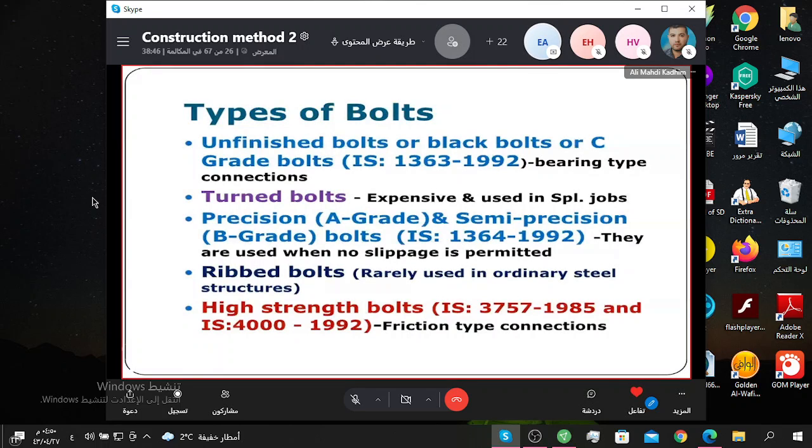They are used when no slippage is permitted. Rivet bolt, rarely used in ordinary steel structures. High strength bolt, IS 3757-1985 and IS 4000-1992, friction type connection.